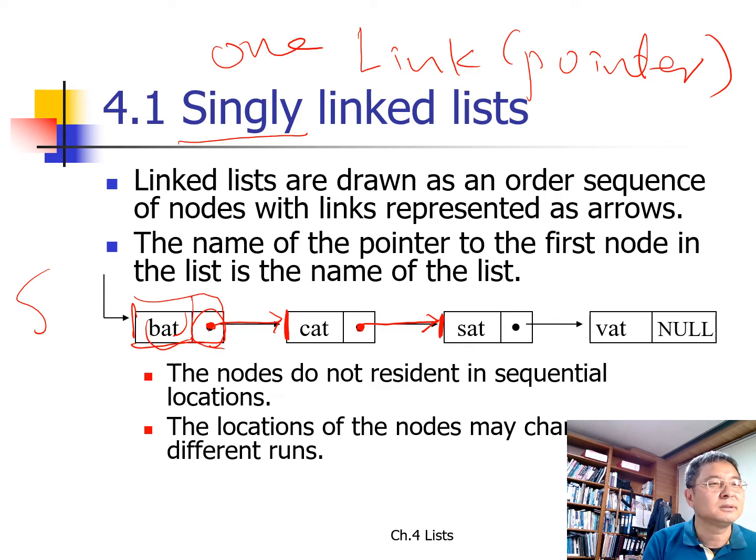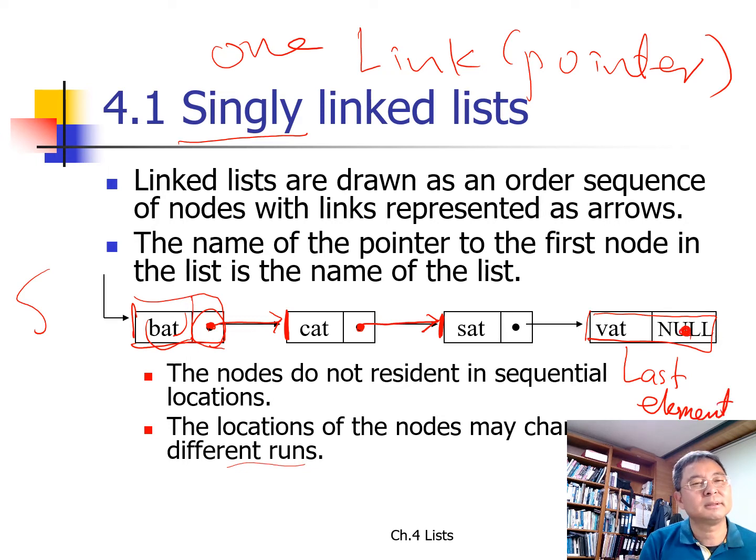So the nodes do not reside in sequential locations, and the location of the nodes may change on different runs, because they are allocated dynamically. And if there is no next element, because it is the last element, then the pointer will have a null value. That means that there is no more next element in the list. Okay, so that is a singly linked list.